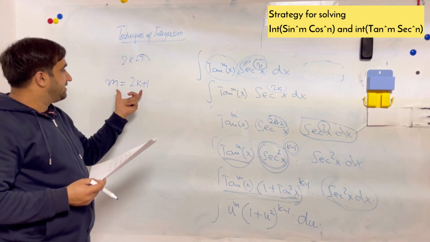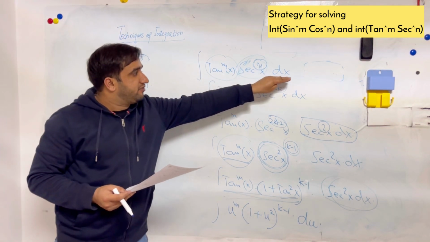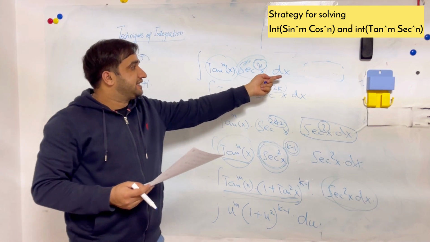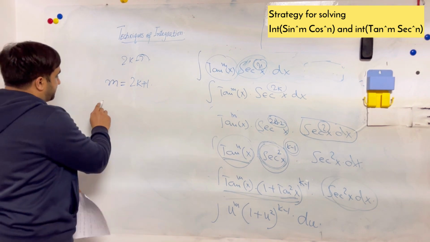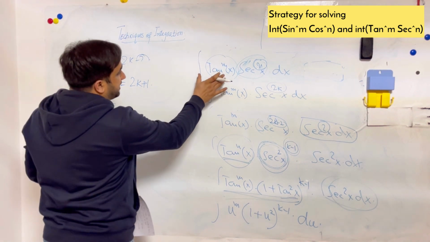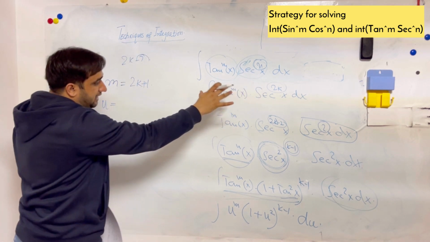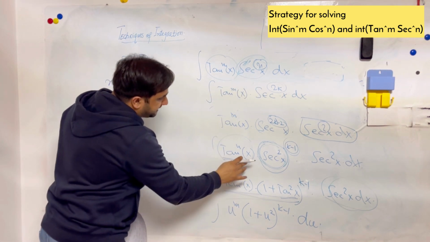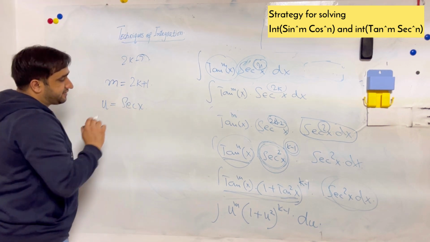So a similar pattern, but save one factor of the tan and secant for this guy. Keep the secant, keep the tan, because when you put in the substitution, we are talking about this and we are trying to convert this in terms of secant. So ultimately, we will have something in terms of secant. So we are going to make the substitution in terms of secant x.